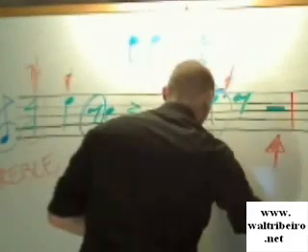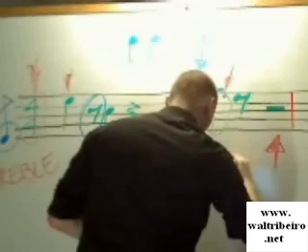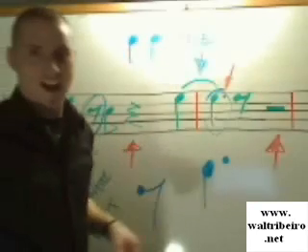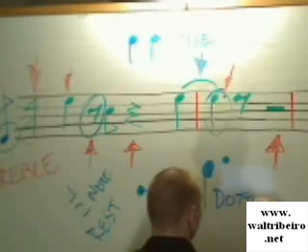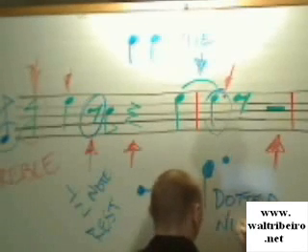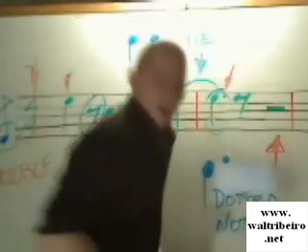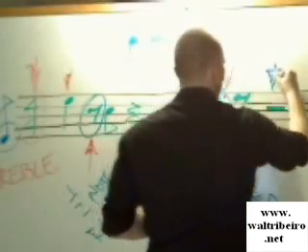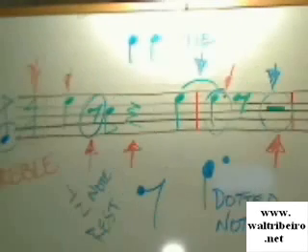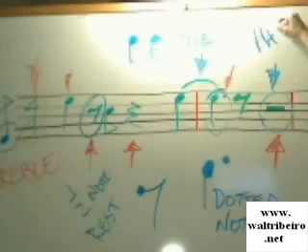It looks like this. That's referred to as a dotted note, D-O-T-T-E-D. A dotted note. Okay? Oh, by the way, last part. This right here is a half note rest.